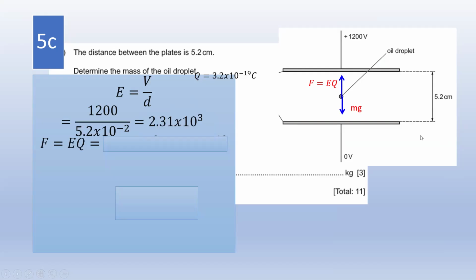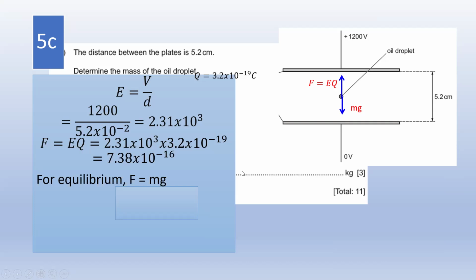And electric force is EQ. And Q we have calculated, 3.2 times 10 to the power minus 19 coulomb. Calculate it out. For equilibrium, F equals mg. So m is F over g.